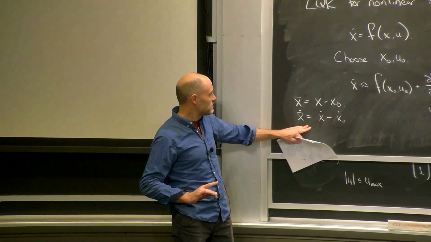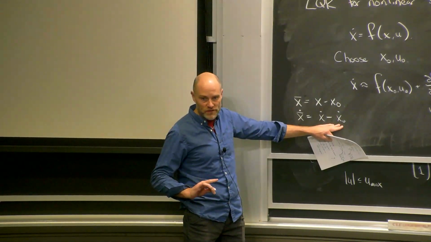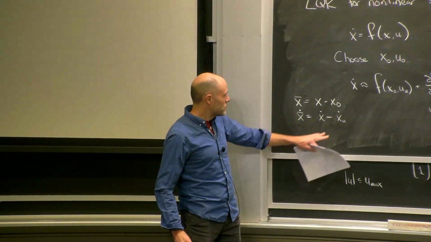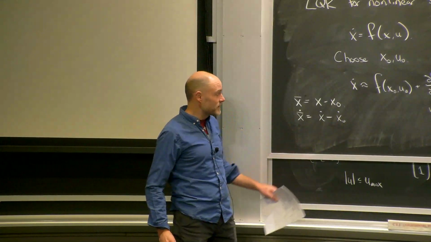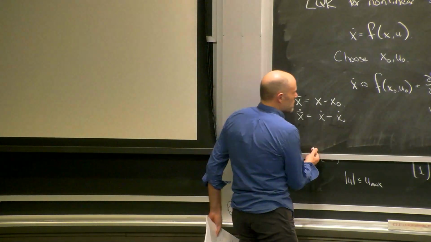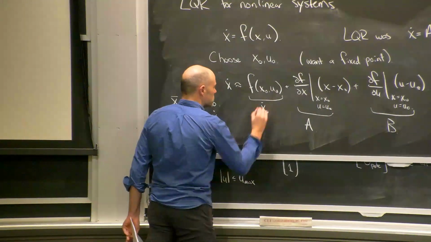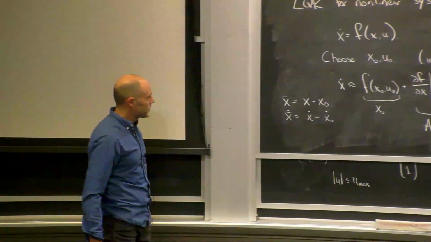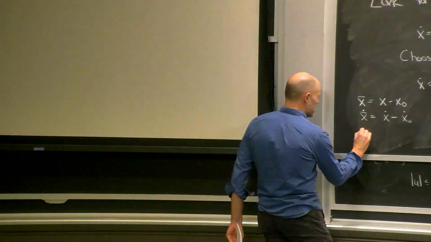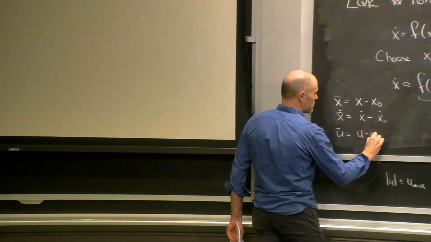It's not impossible, but it just changes the game a little bit. There's extra terms that you have to track. So it's much nicer when that's 0. Okay. But in general, this thing here is x0 dot. And then I'll also name u bar to be u minus u0.